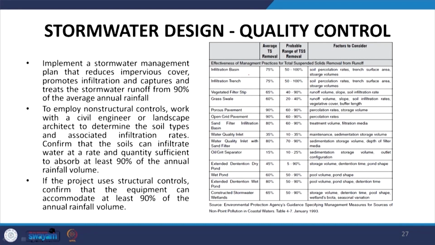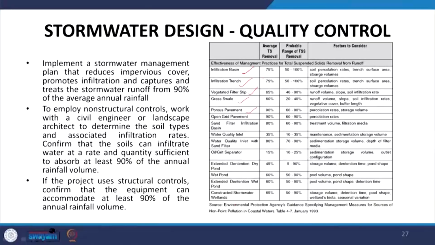So, all these strategies which we have just seen in previous slides, for example, the infiltration basin, the infiltration trench, the vegetated strip, the grass swale, the permeable pavements, and all of these, they help in reducing the amount of suspended solids and total solids.